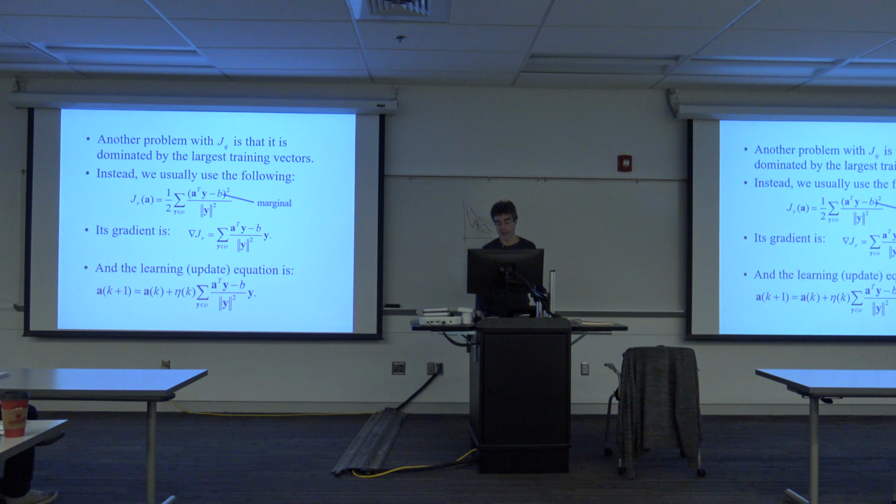That can be solved by normalizing by the square of the y vector. So if you take now the gradient, this is the new gradient that I have, and this then is a new update function that I have to work with.